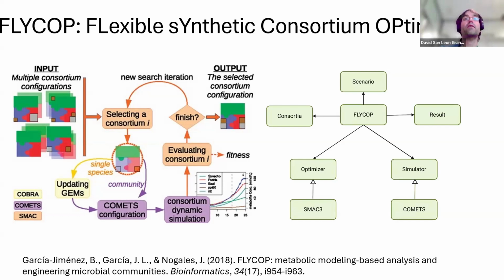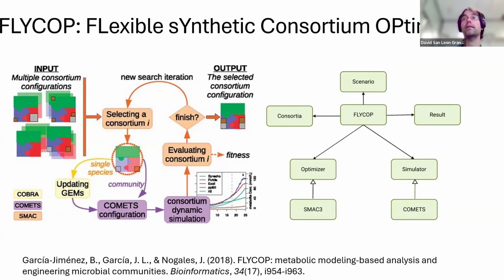And how does FLYCOP work to infer them? We have multiple configurations, a large sampling of elements, like, for example, the ratios and initial biomass, and we use COMETS to simulate the metabolic models using these parameters several times.